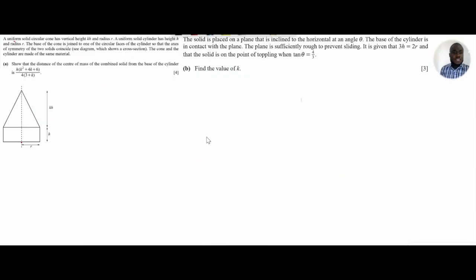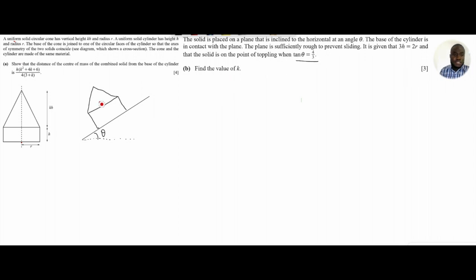Great. Now for the second part of this problem, our solid is placed on a plane. So let me draw that plane. And we are told the plane makes an angle of theta where tan of theta is 4/3.